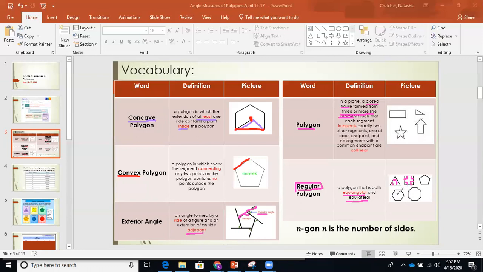So pentagon, hexagon, octagon, those are all examples of regular polygons. Now we can have pentagons that aren't regular, same with hexagons and octagons, but a plain old regular polygon, everything is congruent.